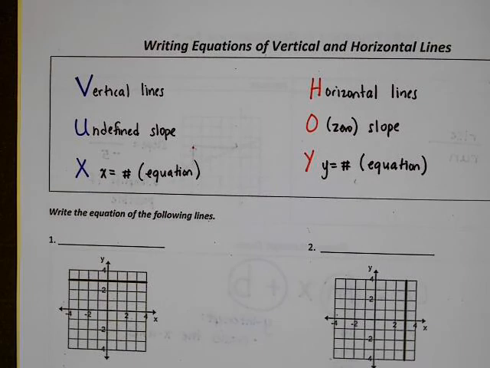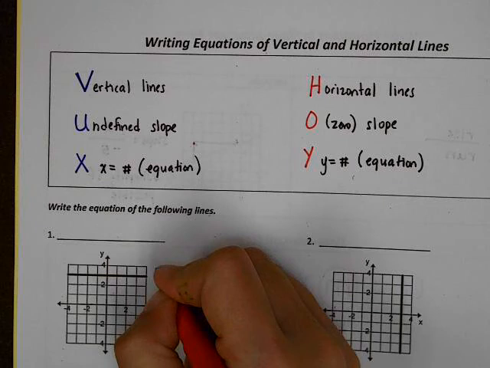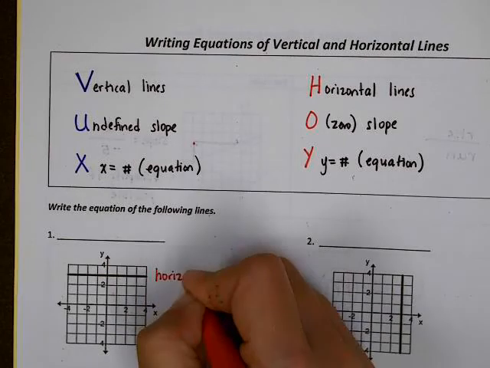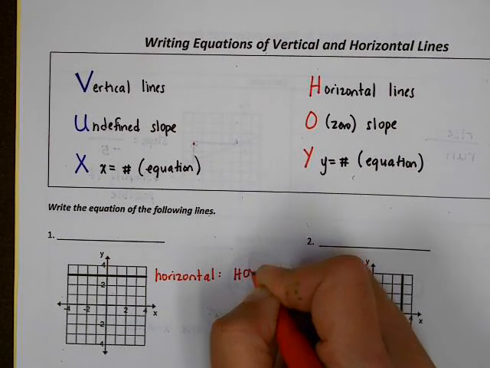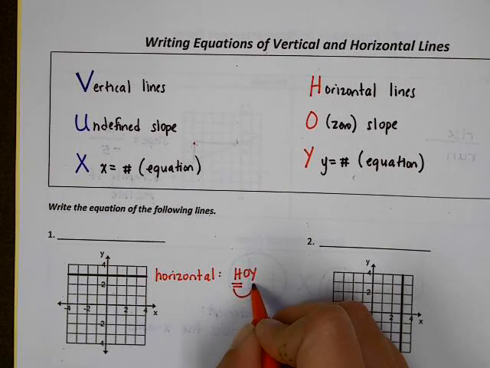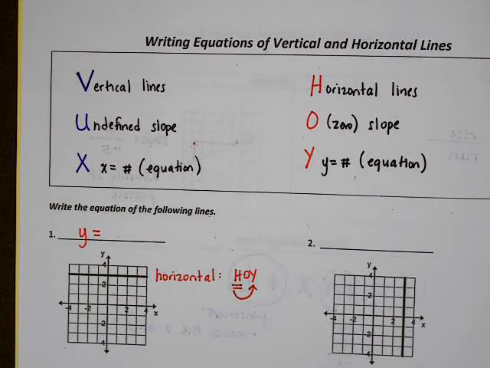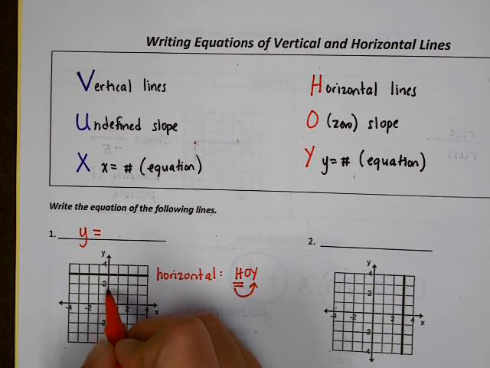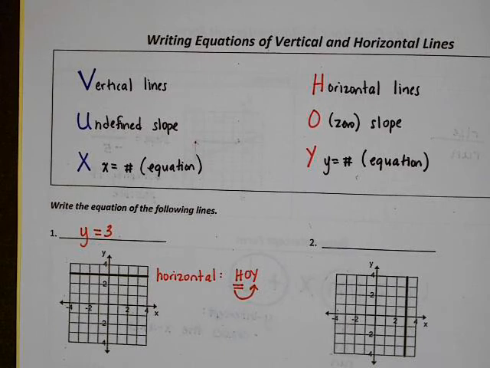If I look at this first example, this is a horizontal line. So I'm going to remember HOY. If we have a horizontal line, my equation should say y equals a number. Now in this case, the number would be 1, 2, 3, because that's the height of that horizontal line.